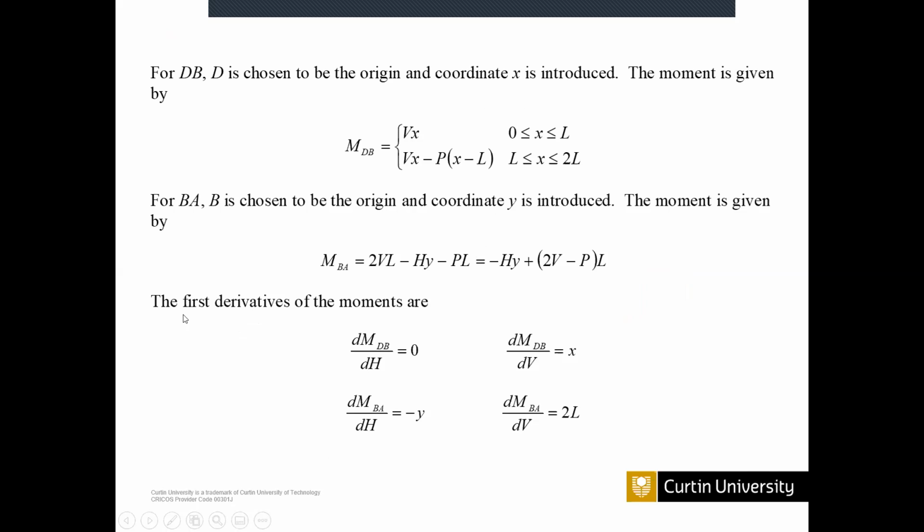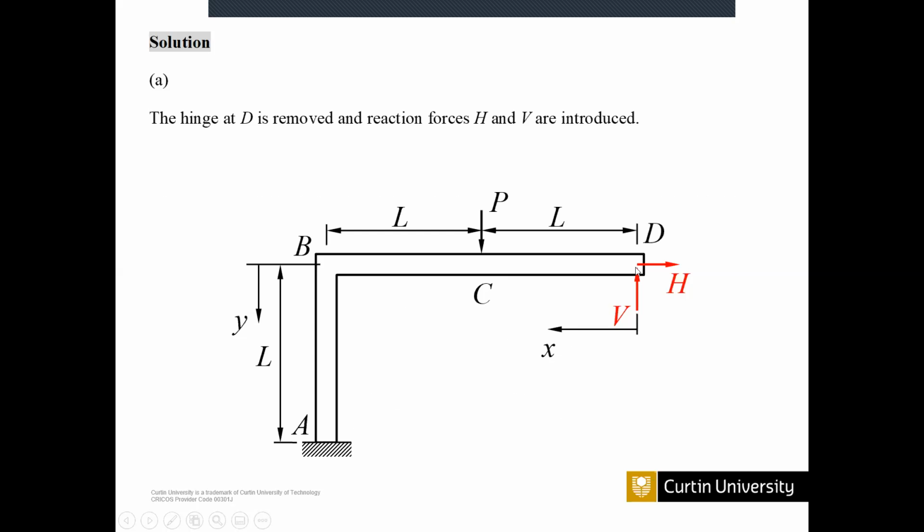Now we can get the first derivative of the bending moments with respect to H. With respect to H and V, we already found the bending moments. We know the horizontal deflection at this point must be 0.